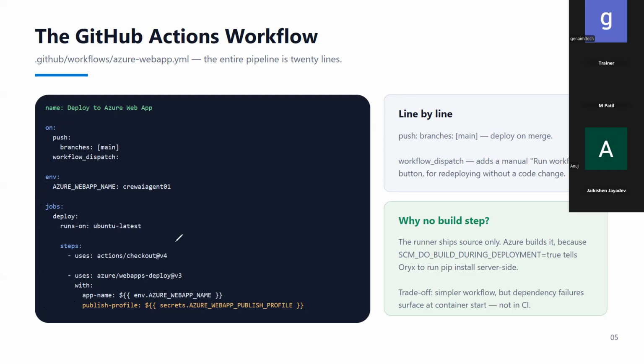These are the deployment steps. And this is the name of the web application, which you have to create within the Azure ecosystem. Another thing that you need is the Azure Web App Publish Profile.